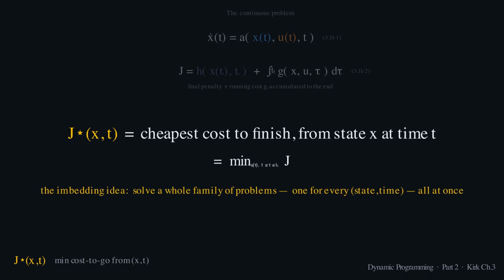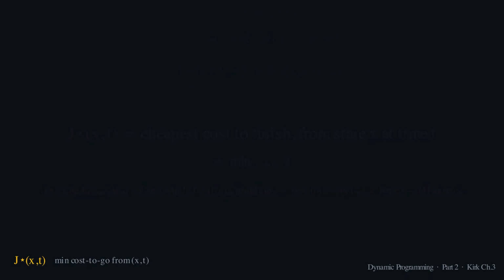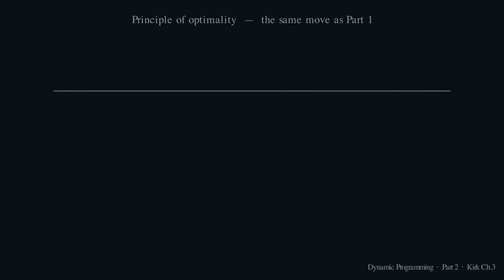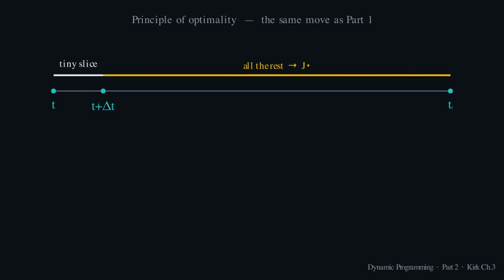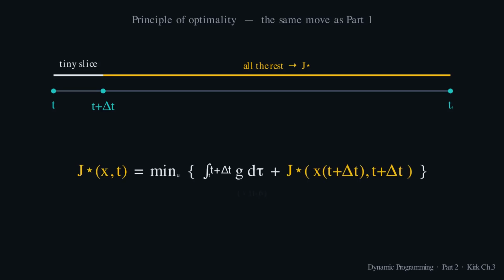Here is the move that should feel familiar. Split the remaining trip into two pieces, a tiny first slice of length delta t and all the rest. The principle of optimality, the exact same principle from part 1, says the best you can do is the cost of that tiny slice, plus the cost to go from wherever the slice leaves you.